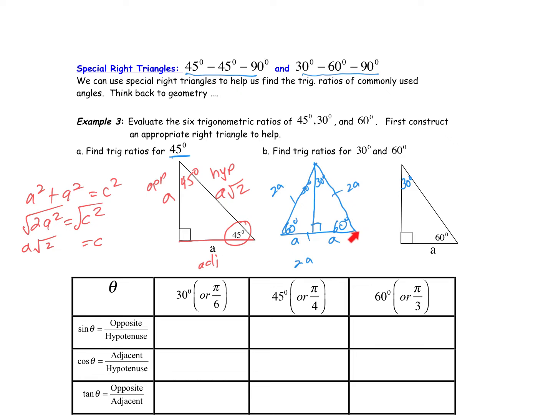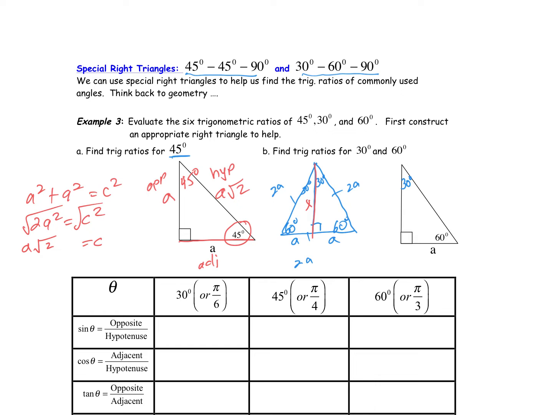So this has a length of A, the hypotenuse has a length of 2A, and then we are going to find the length of the altitude. I'll call it X for the purpose of our derivation. Now we can use the Pythagorean theorem with one of these 30, 60, 90-degree triangles.